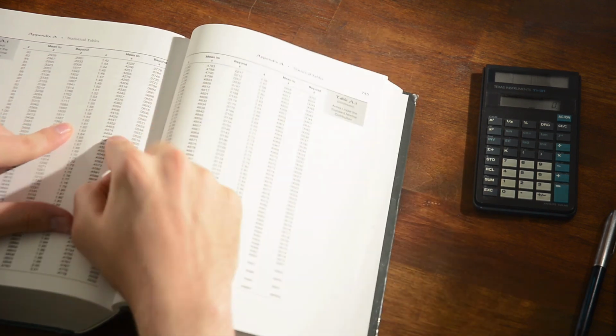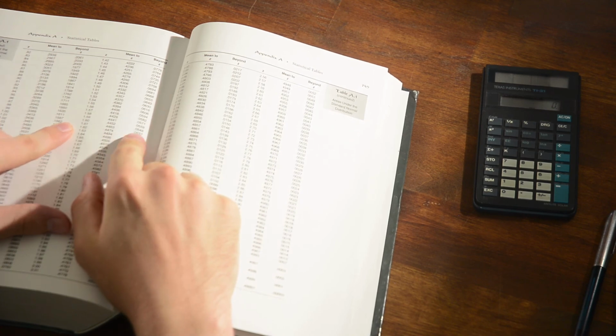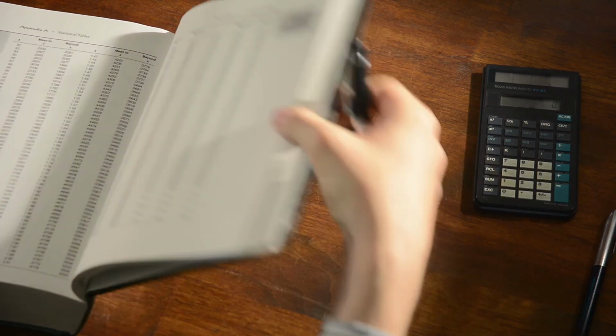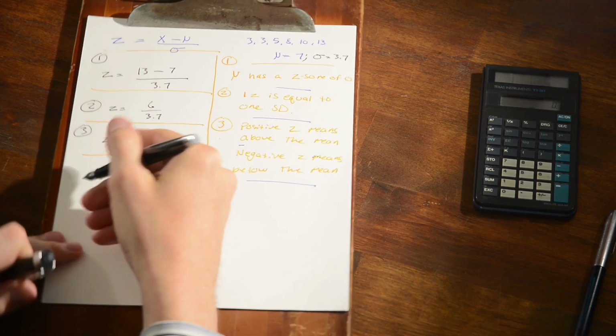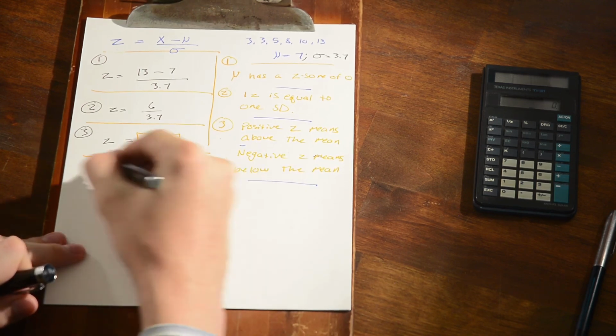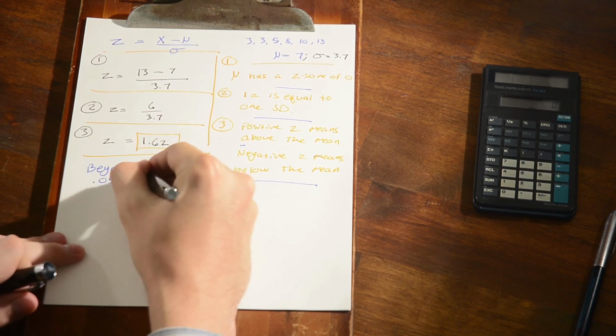That means that if we take that proportion, that 0.0537, we'll get this out of the way, label that beyond z.